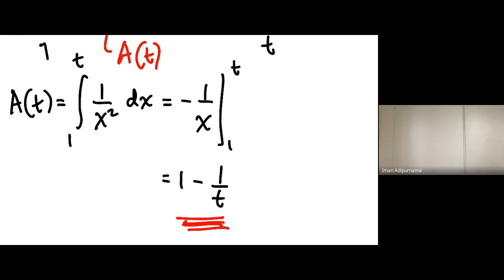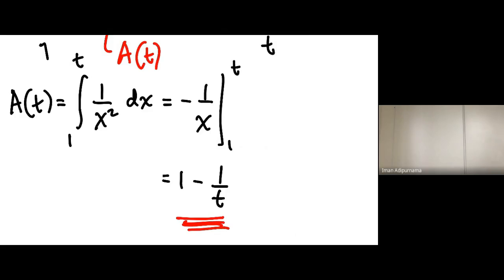Because if you add like t, you have minus 1 over t, right? So for example, if you have 1 until 2, it becomes half.